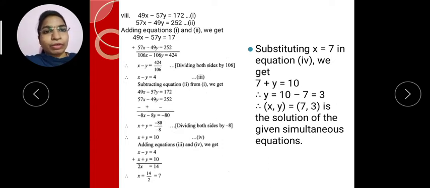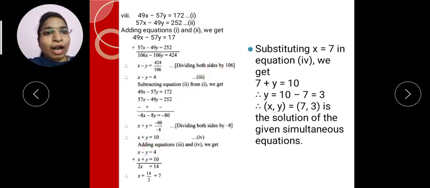Before we solve, if you observe, the coefficient of x of the first equation is equal to the coefficient of y of the second equation, and the coefficient of y of the first equation is equal to the coefficient of x of the second equation. Just add it. After adding, you will get x minus y is equal to 4. Then subtract it. After subtracting, you will get x plus y is equal to 10.